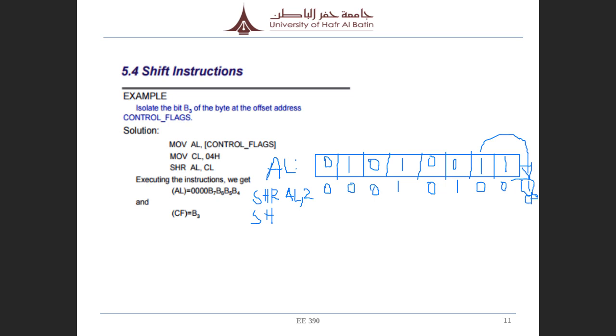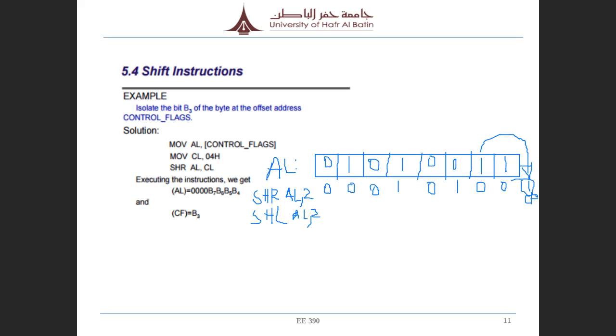What about the left, logical shift left, AL, comma 2? So the AL value is now the immediate one. Okay, if for example we do the logical shift left, what will happen?